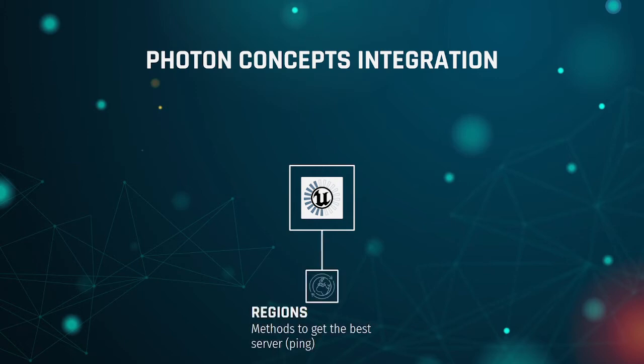The first thing is the regions. The regions are like the zones of the world that you use to connect. There are different methods to select these zones. You can select one manually, or you can allow a ping test of those regions, so you get the best ping.